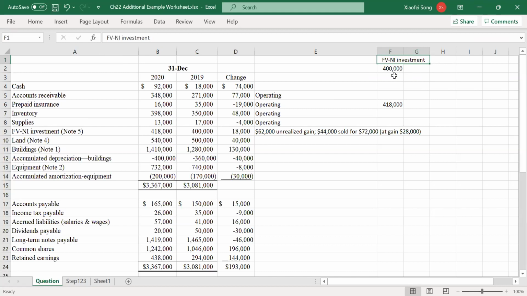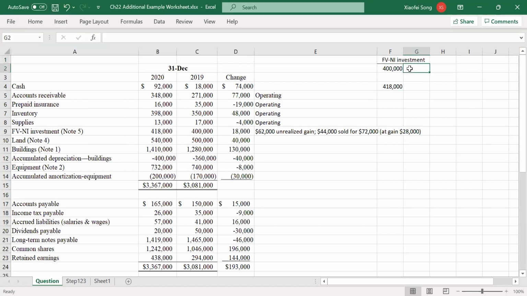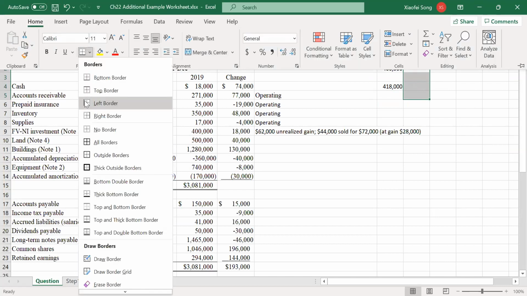Okay, so I don't need it. That's a lot more space than I needed. I'll just put it here. Okay, let me set it up. So that's my T account, and I will put a T in.